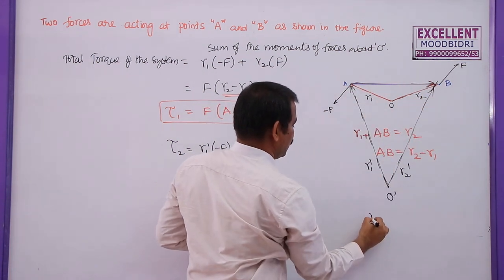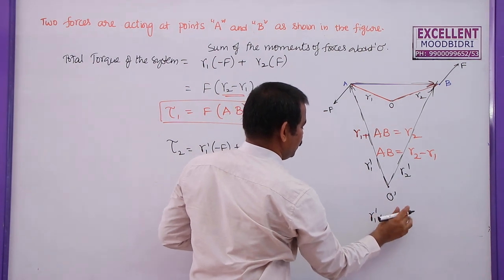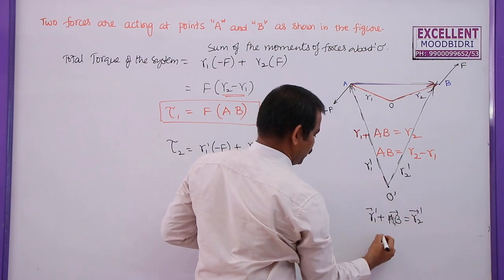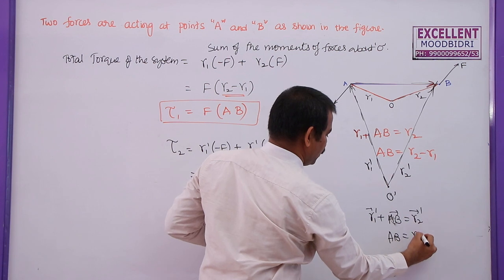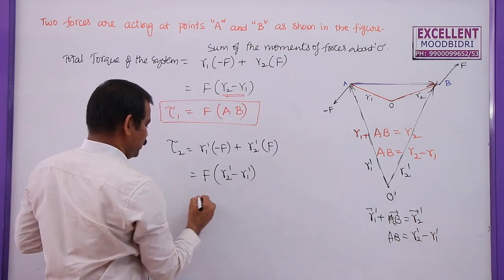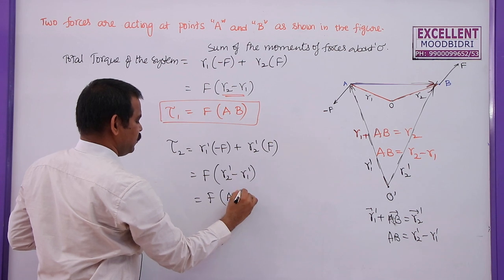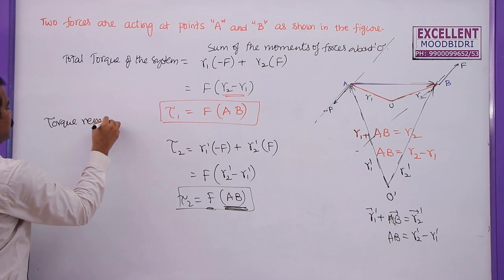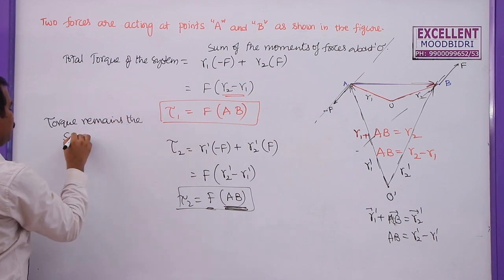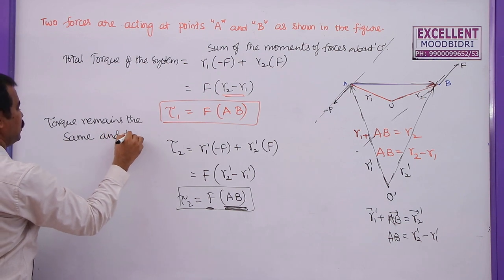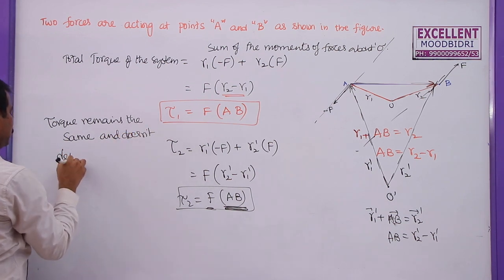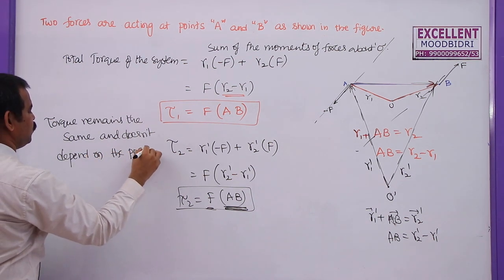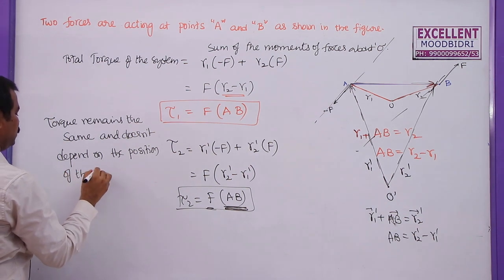We can write R1 dash plus AB bar is given by R2 dash bar. So, AB is given by R2 dash minus R1 dash. Once again, this will become F into AB only. It remains the same and does not depend on the position of the origin considered.